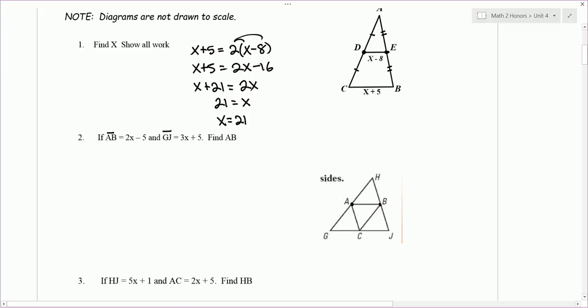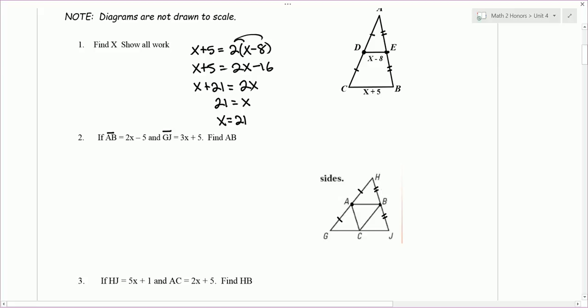There are some missing pieces here. Length GA is the same as length AH, so A is a midpoint of GH. Also, the length of JB is the same as the length of HB, so B is a midpoint, making AB a midsegment of this triangle.